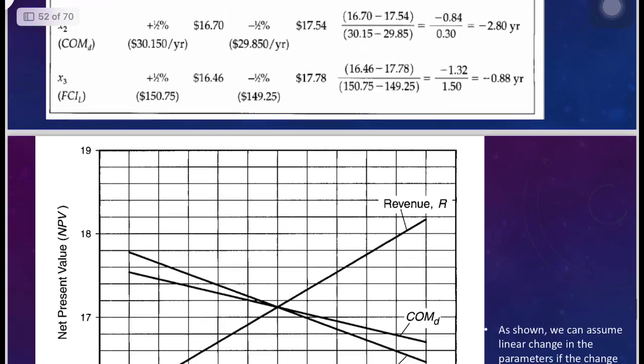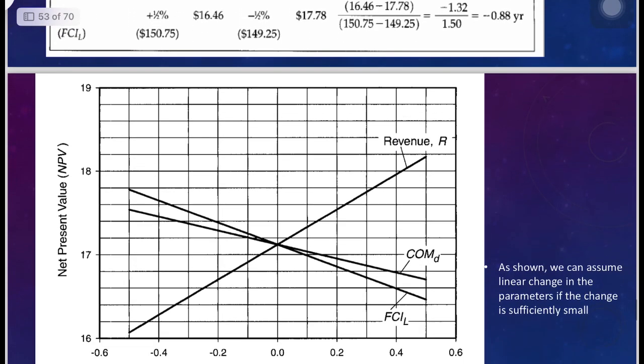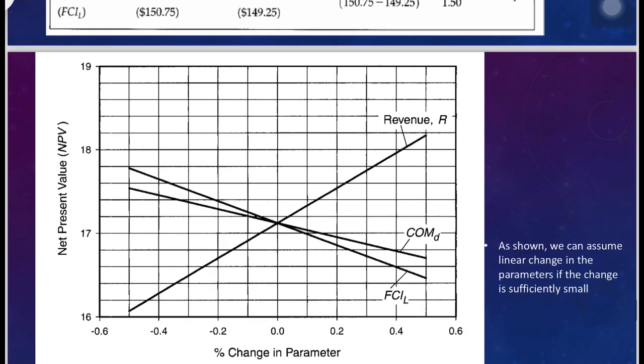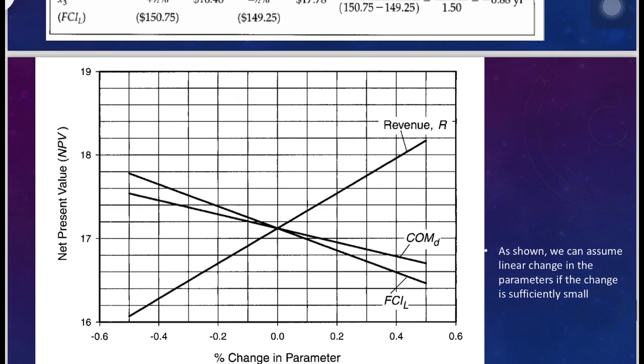Now, if you plot that in percent change in parameter versus the NPV, you get the sensitivity curves for the parameters considered in example 8.15.